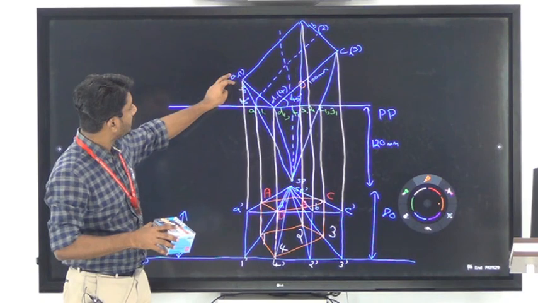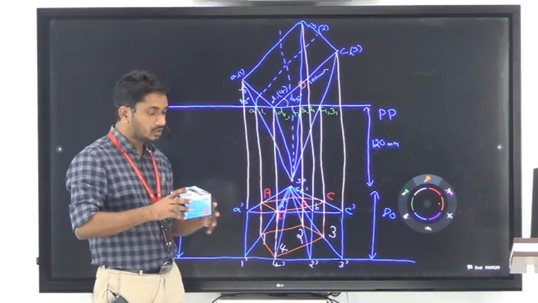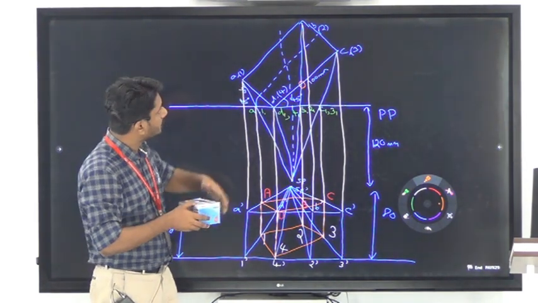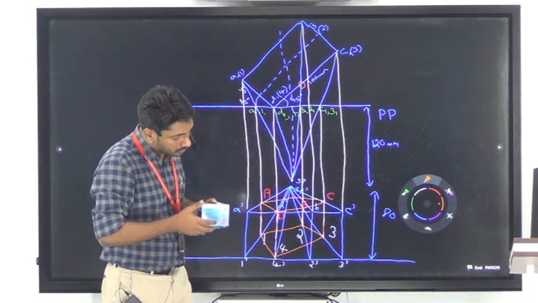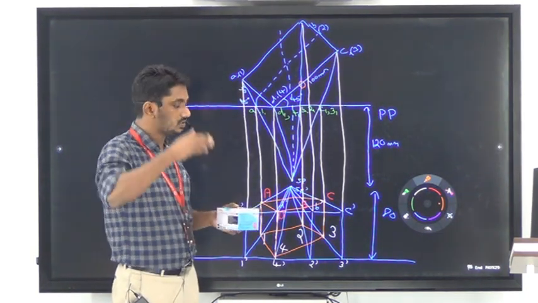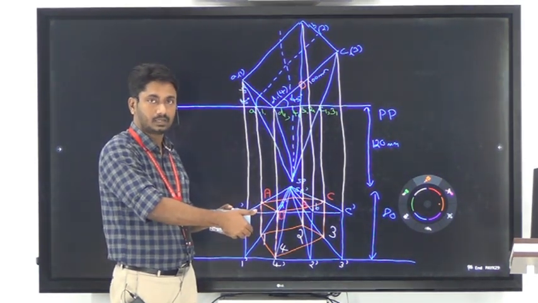So the points A, B, C and D, all these points will be visible to you. But here the point 2 is a point on the bottom face. So when you are looking from the top side, that point will be invisible. Okay.